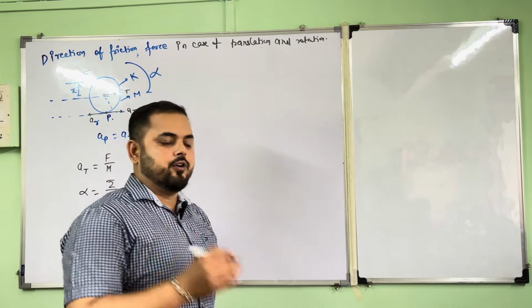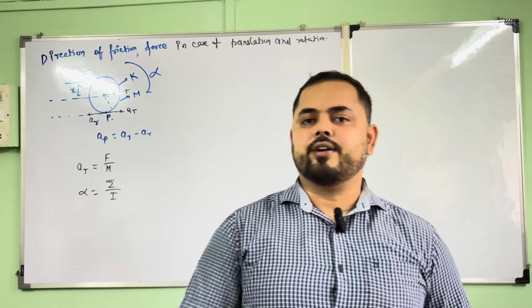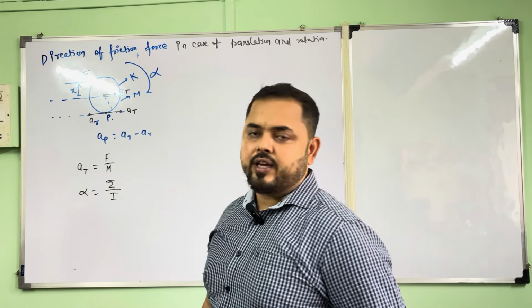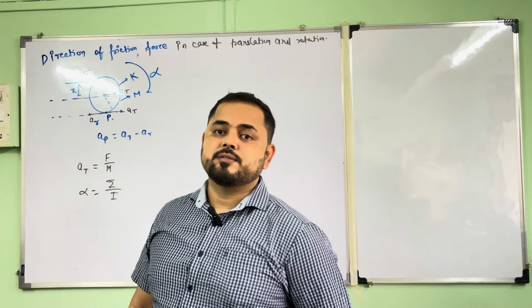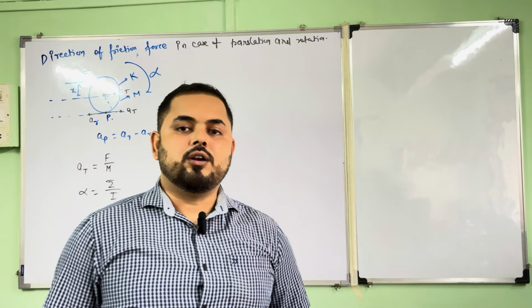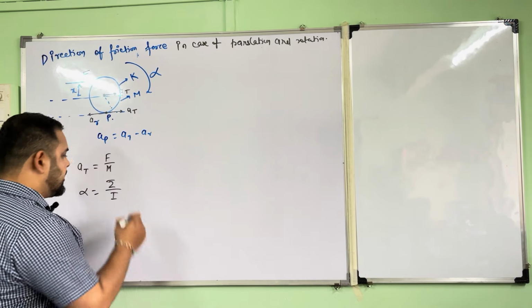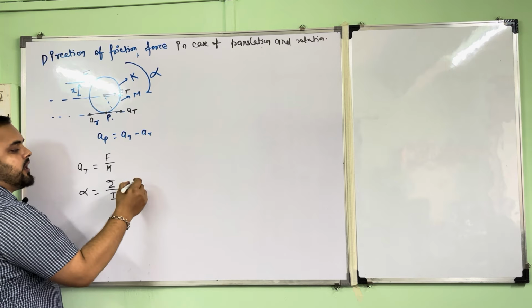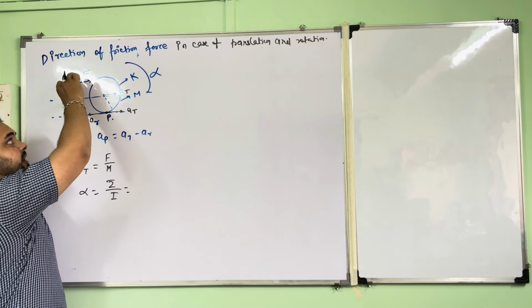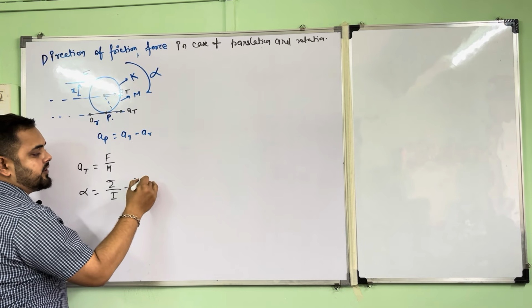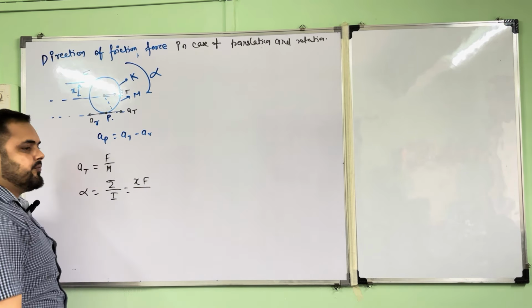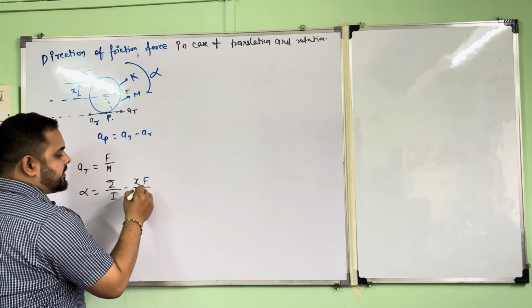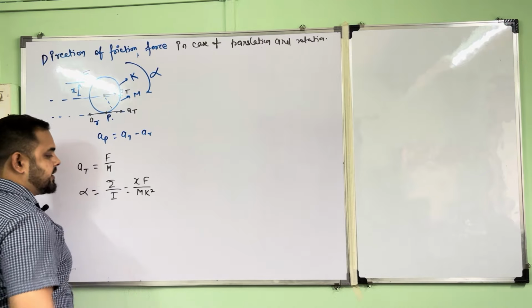For different bodies, the moment of inertia will be different. So let us assume the radius of gyration is k, then we can write I, the moment of inertia, equal to mk square. What is torque? About the center, the torque is r cross F, that is x cross F. So alpha is xF divided by the moment of inertia, that is mk square.